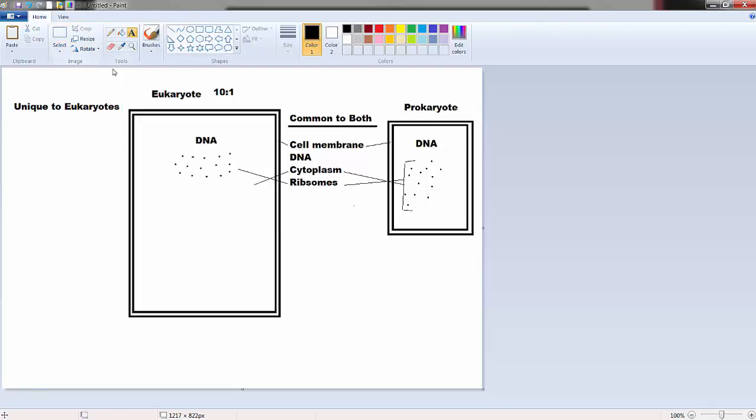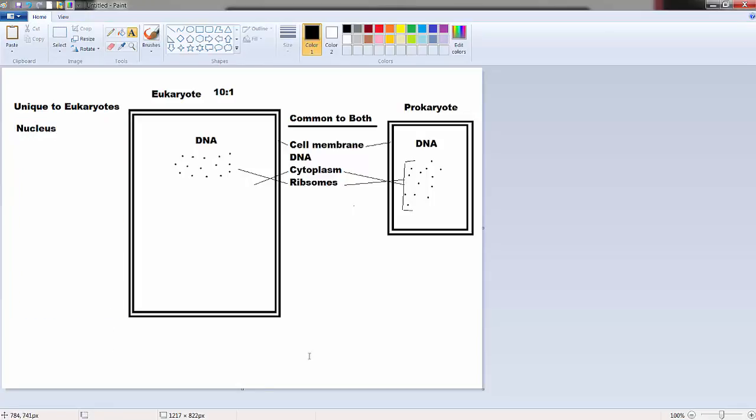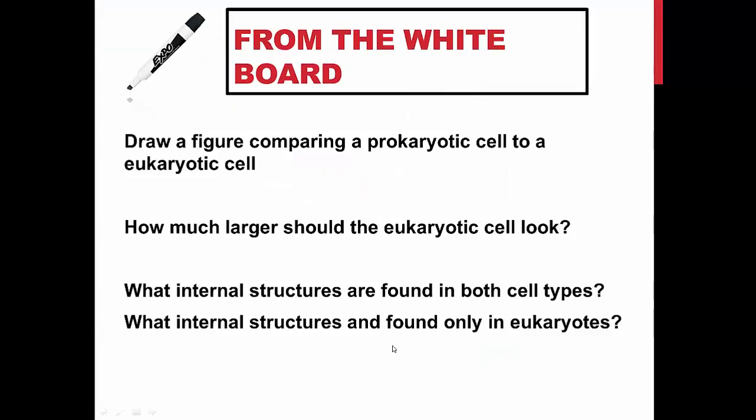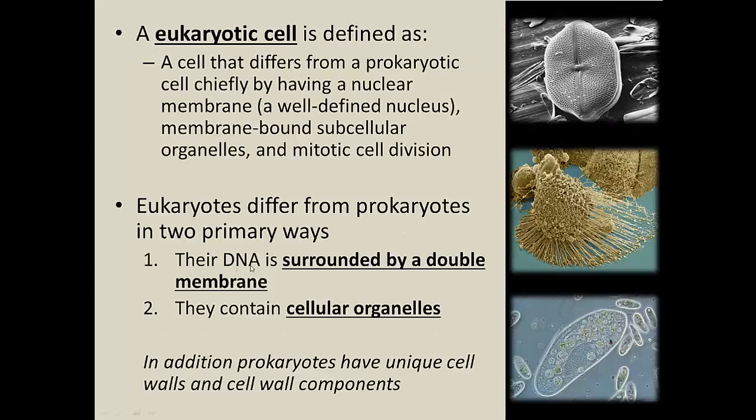Okay, so we're going to start with the nucleus. Earlier I said that here the DNA of a eukaryote is surrounded by a double membrane.